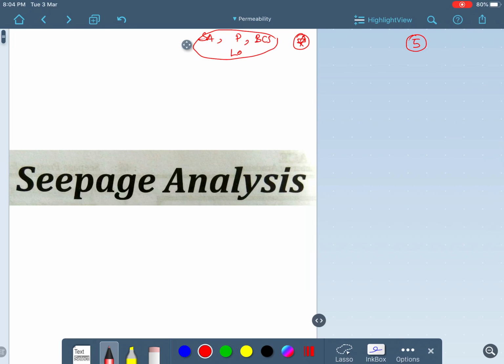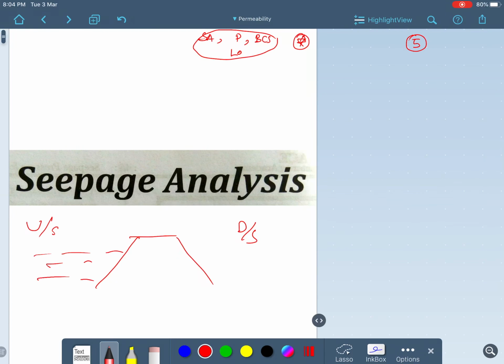First of all, what is seepage? Seepage is nothing but a phenomenon of movement of fluid through a permeable medium. For example, if you take a dam section, let me consider this as the upstream side and this as the downstream side.